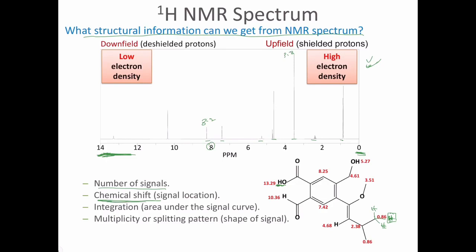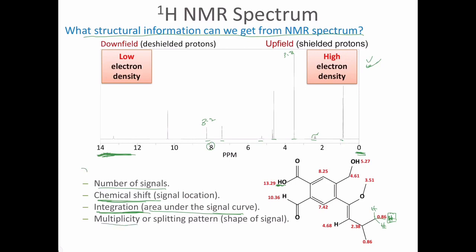Then we need to identify the integration. Integration is the area under the signal curve. We can calculate the area under this curve, and the area under that curve will tell us how many protons are available within that peak. Then there's what we call the multiplicity or the splitting pattern.